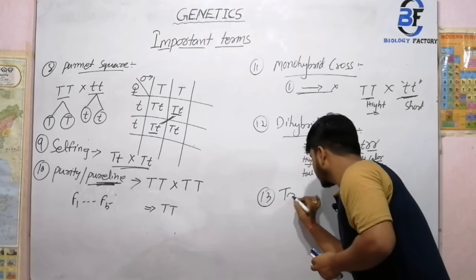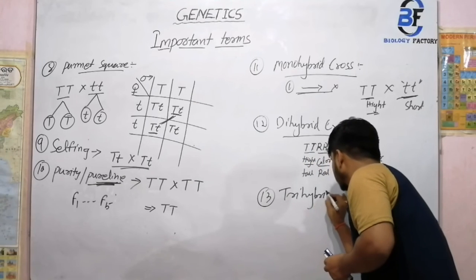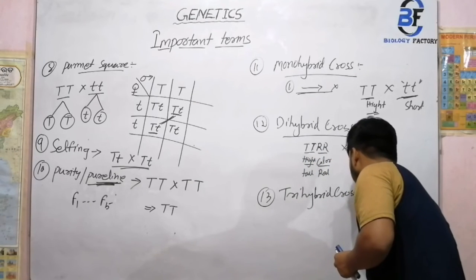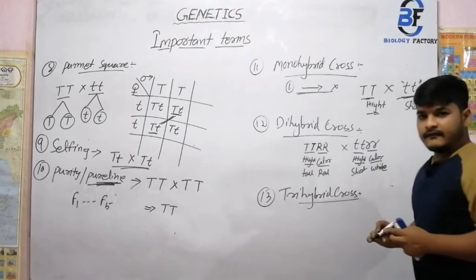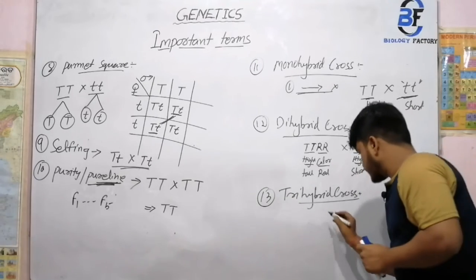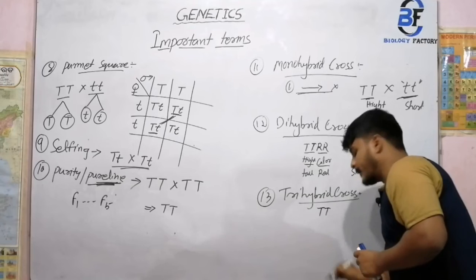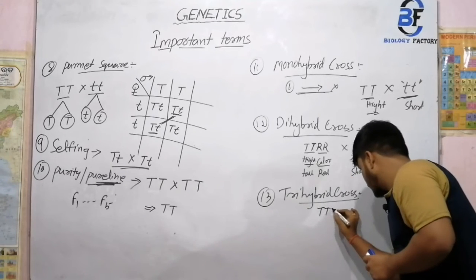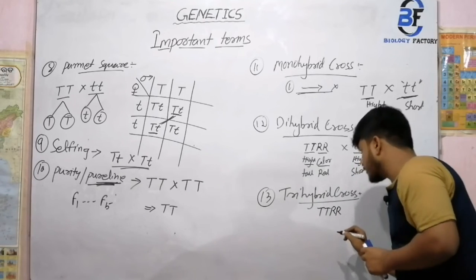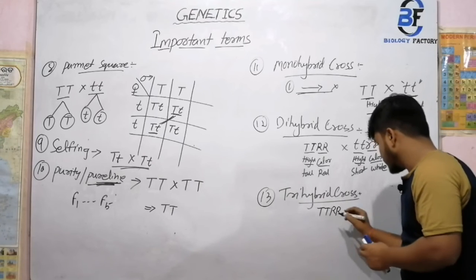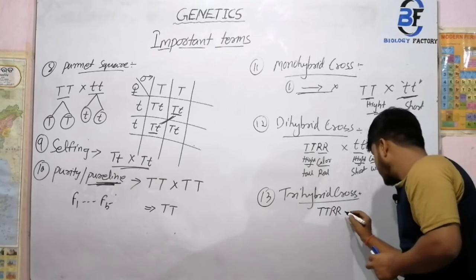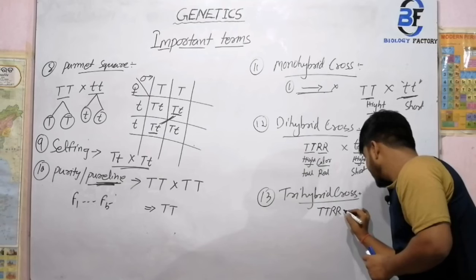Trihybrid cross means three characters. If you take an example of capital T, crossed with capital R, sorry, the single trait capital R, and another is the seed cell.